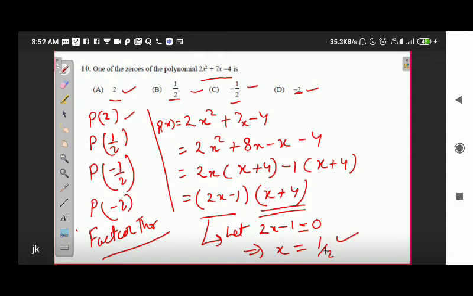So we can easily say that one of the zeros of the given polynomial is plus 1 by 2. So B is the correct answer. You can also check by using factor theorem, that will not be incorrect, but I wanted to explain that factorization of quadratic polynomial works more. That's why I use this method.